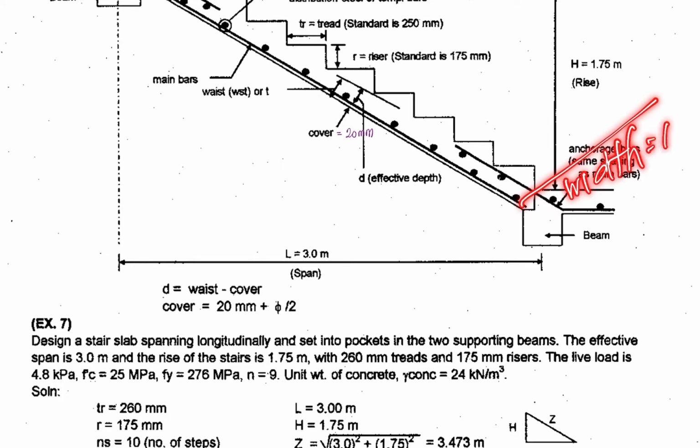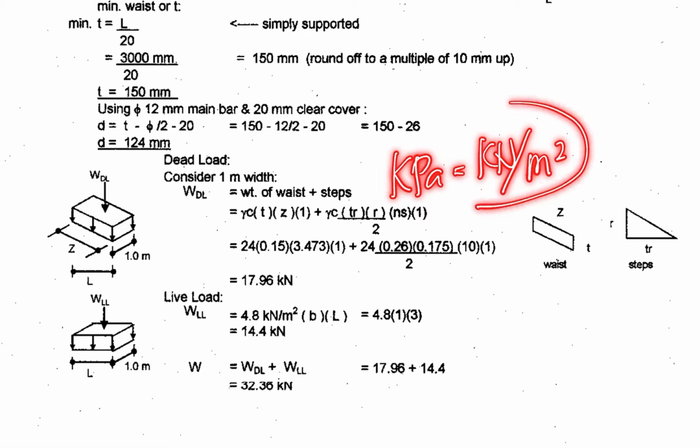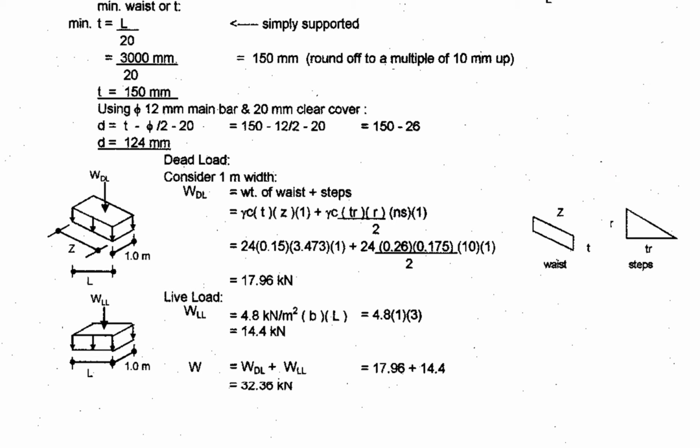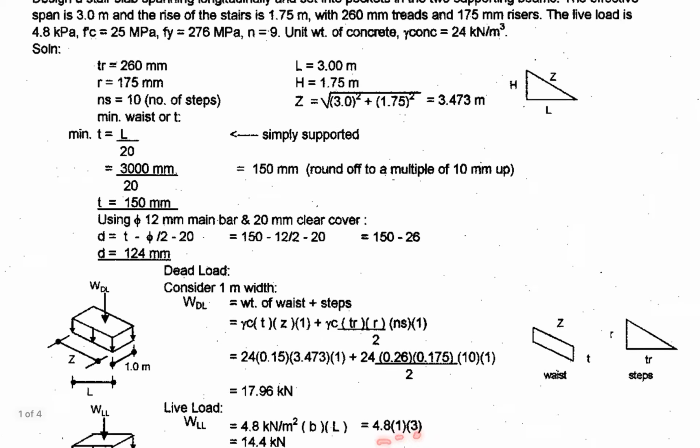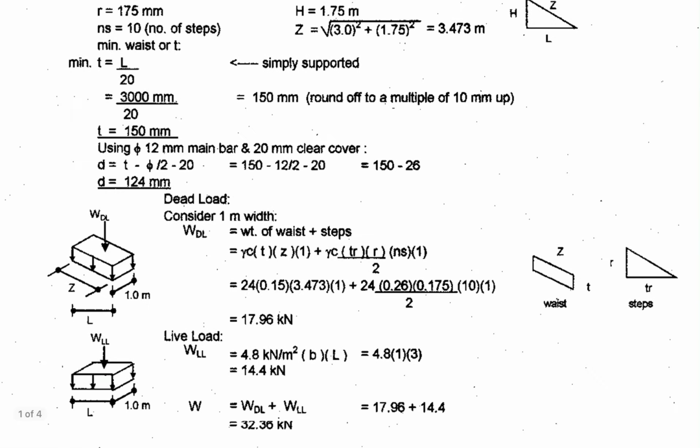And then for the live load you are given 4.8 kilopascal. So kilopascal, that is equivalent to kilonewton per meter squared. Okay, so you just multiply that by the base and the length. The base is the width, then you have the length of 3 meters. So therefore, you have 4.8 times 1, that is the width, and then the length L, this one, is 3 meters.